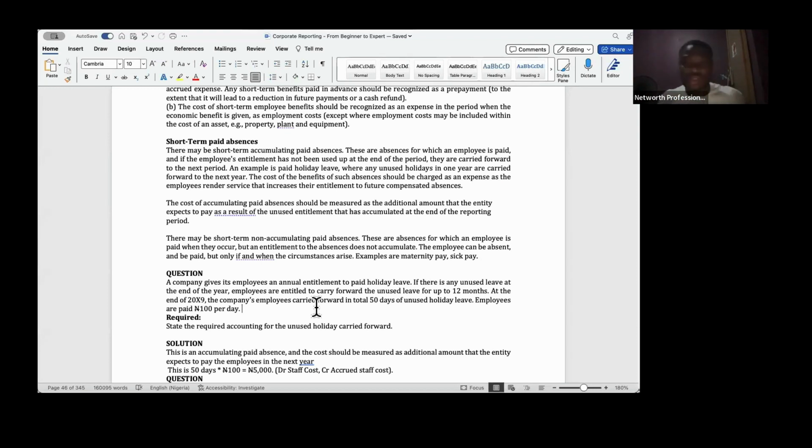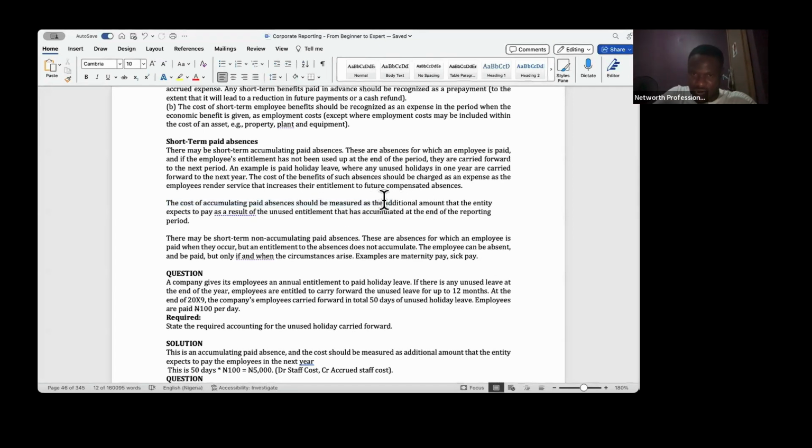If the question tells you that these are the only people that will actually take their leave, that's where you have to be very careful. And it's clear in the standard. The standard says that the cost of accumulating paid absence should be measured at the additional amount that the entity expects to pay as a result of unused entitlement that has accumulated at the end of the reporting period.